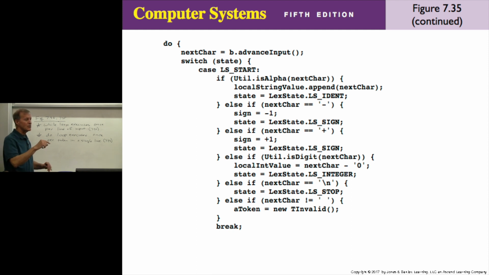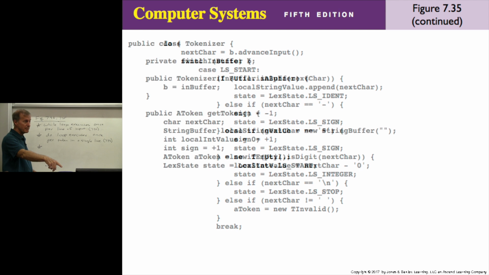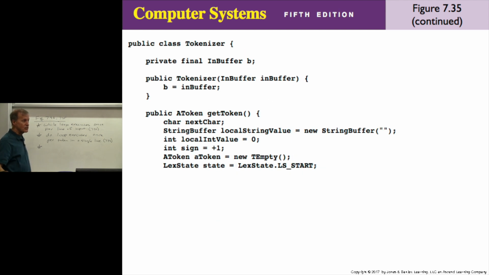That's an alternative. You understand that when you use the word loop, it's repetitive. Switch is not repetitive. If is not repetitive. Then which are we talking about? That do at the top. Yes, that do is part of get token, here's the initialization, and there's the do at the very top.